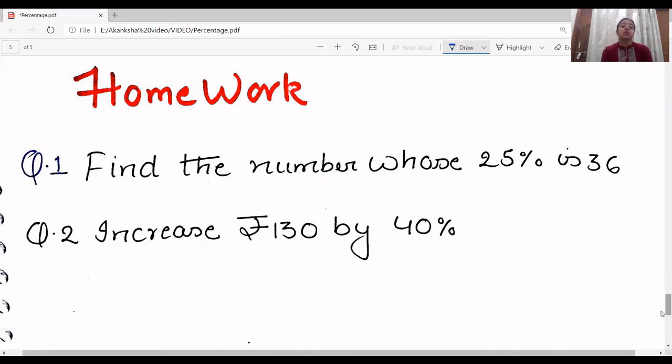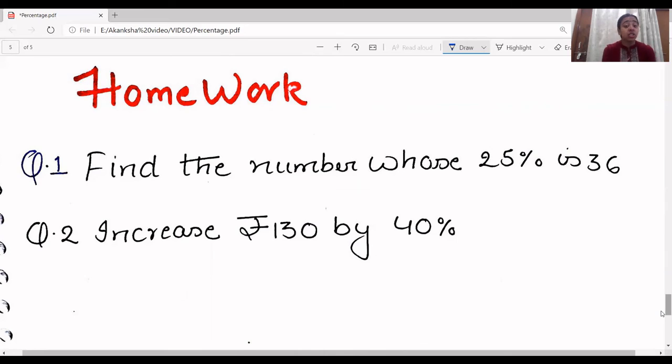You're supposed to find a number whose 25% is 36, right? So 25% of a number is equal to 36. So 25 by 100 into x is equal to 36. So basically x is the required number. So x is equal to 36 into 100 upon 25. I think that will give you a direction to solve the question.